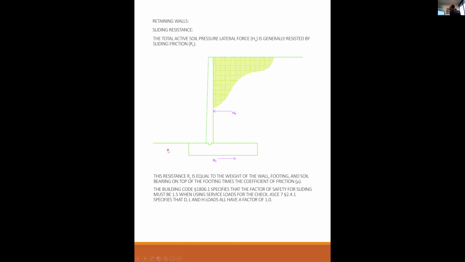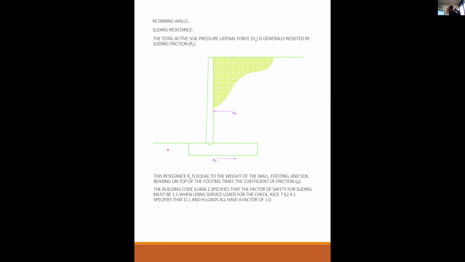The building code, section 1806.1, this is not ACI, this is the California Building Code, specifies that the factor of safety for sliding must be 1.5 when using service loads for the check.